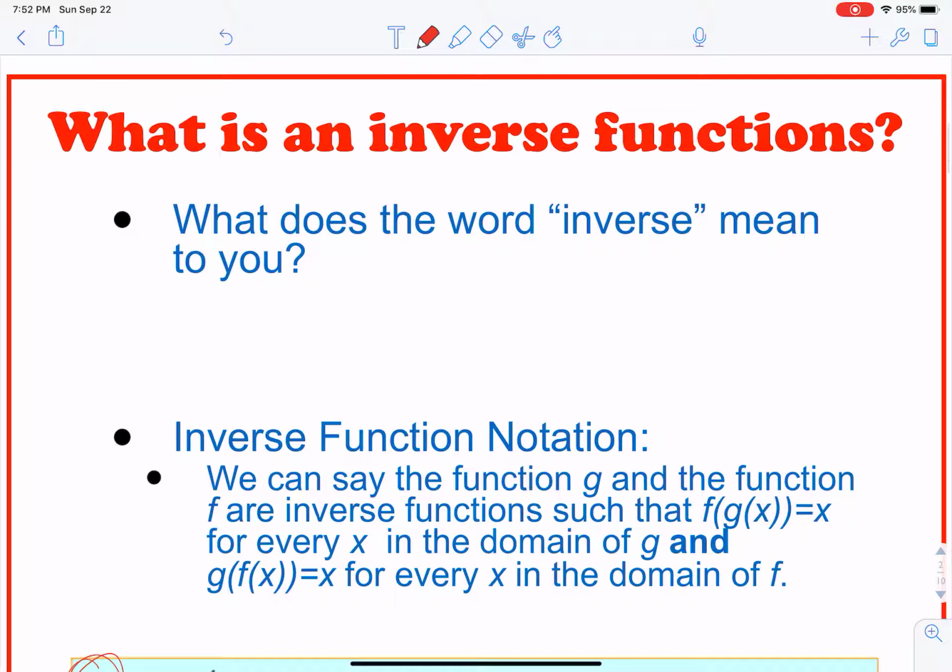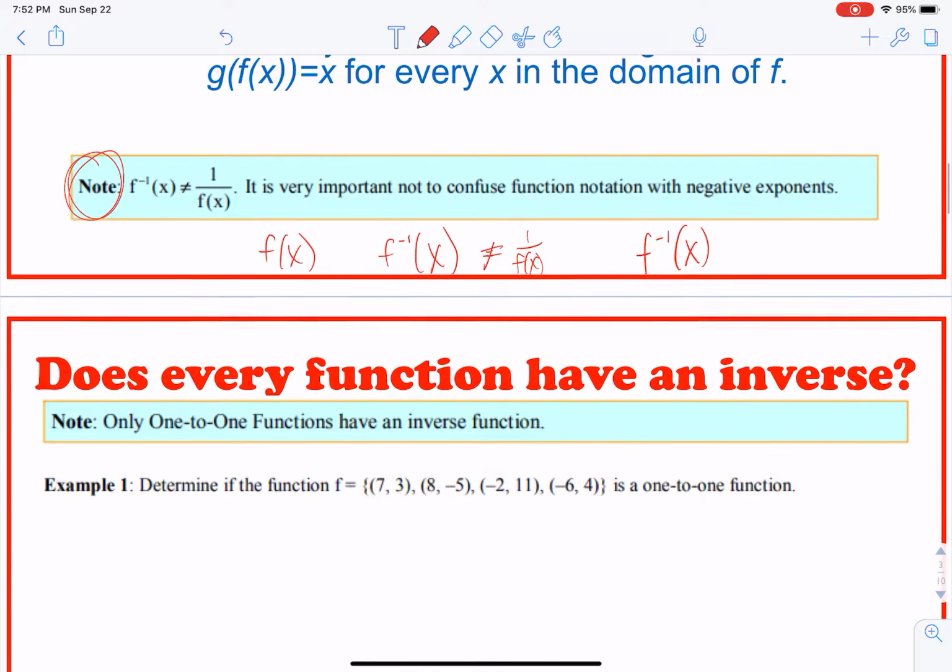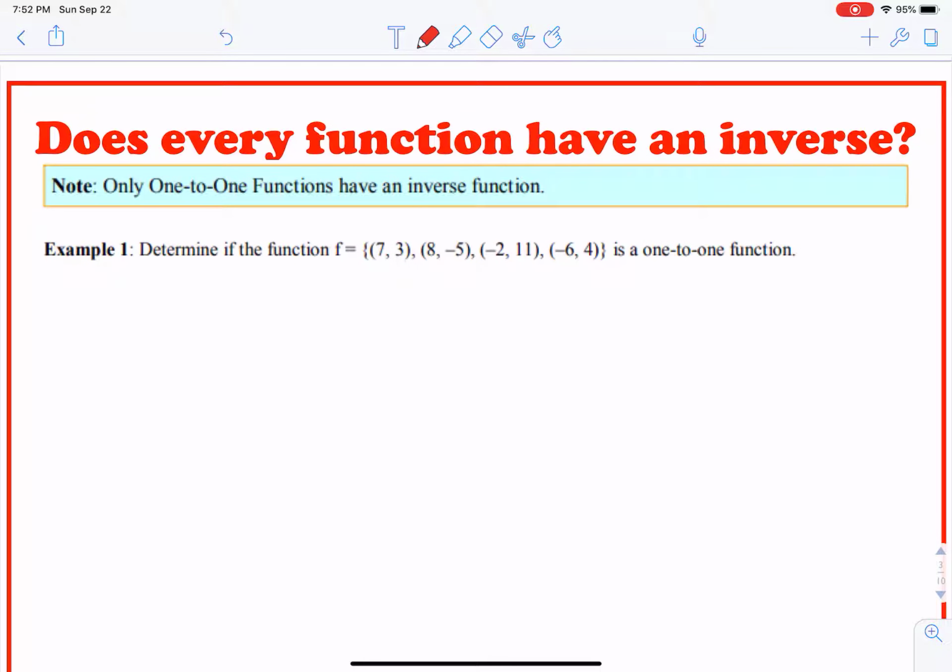The word inverse to me means going backwards or doing the opposite. You're inverting something, and that's exactly what it means when we talk about functions. And when we talk about functions, we know that every input maps to one and only one output. So not every function has an inverse that will become a function.